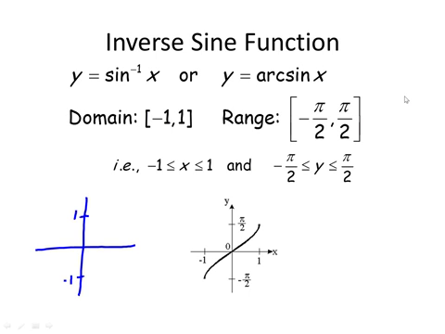Yeah, we'll go this way. It goes like that. But if I draw a horizontal line, what happens? Because this is going from basically negative pi to pi. If I draw a horizontal line, what's going to happen?